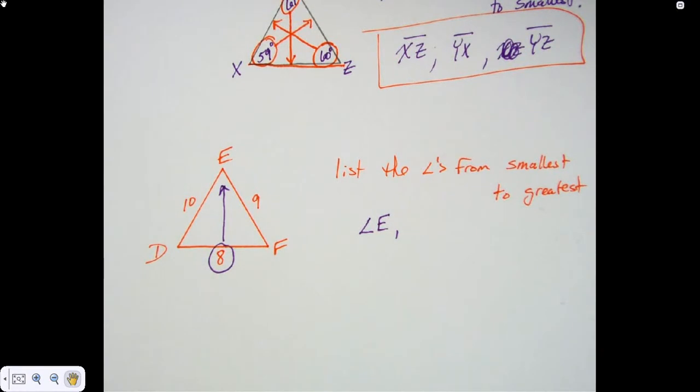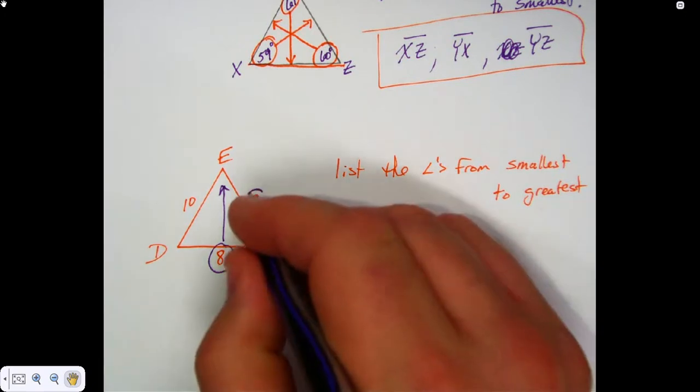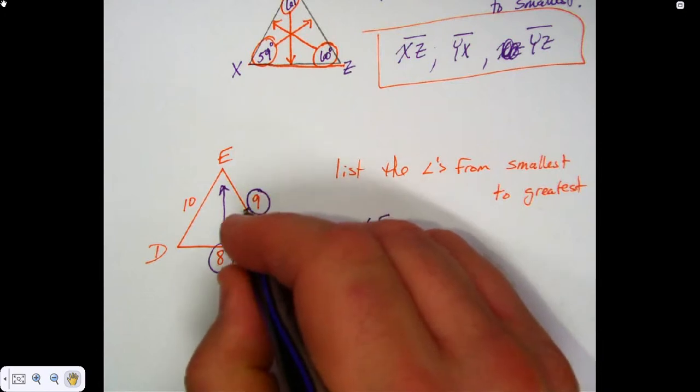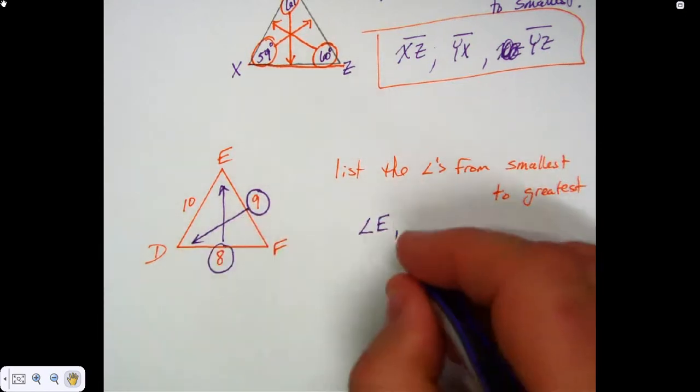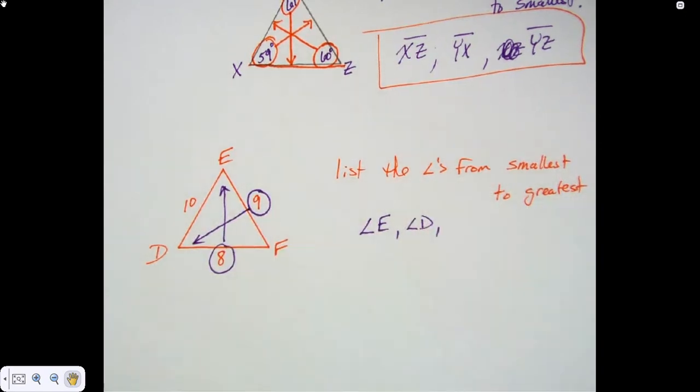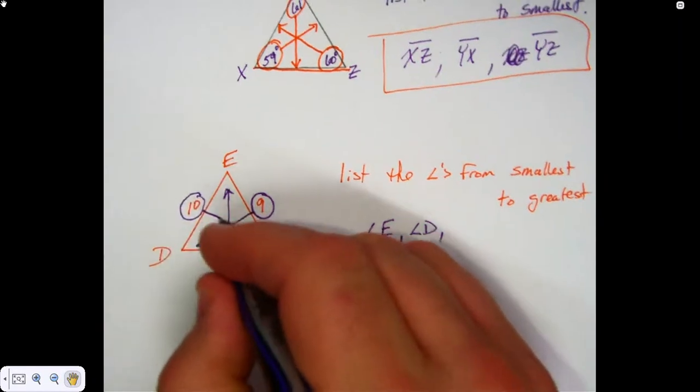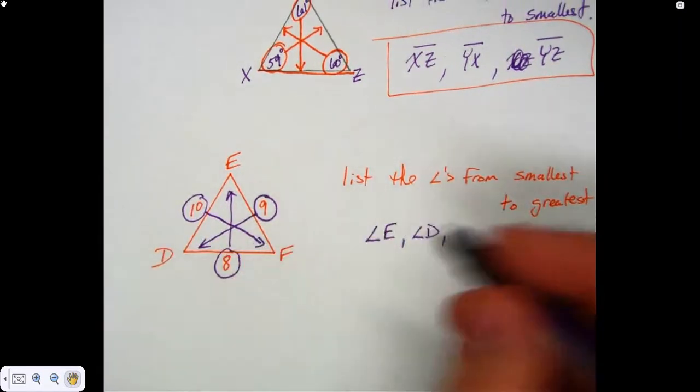Okay? Well, what is the next smallest? Angle D. Why? Because 9 is the next smallest what? Side. So angle D. And what is the largest angle then? Because it holds the largest what? Side.